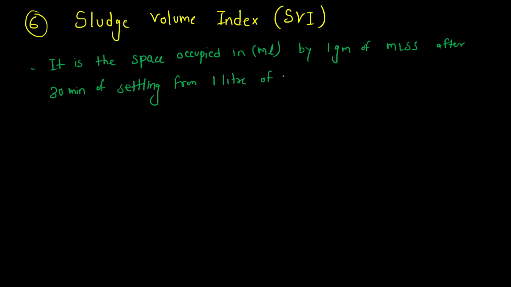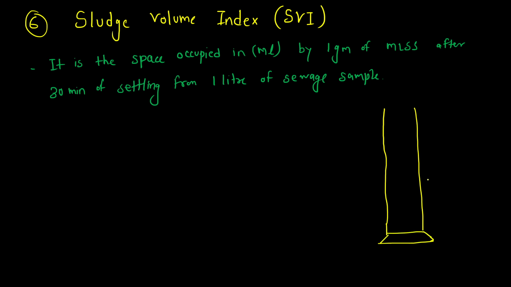From 1 liter of sewage sample. So what we'll do is, we have to take a flask here. In this flask, there are some calibrations which are given to measure the volume.